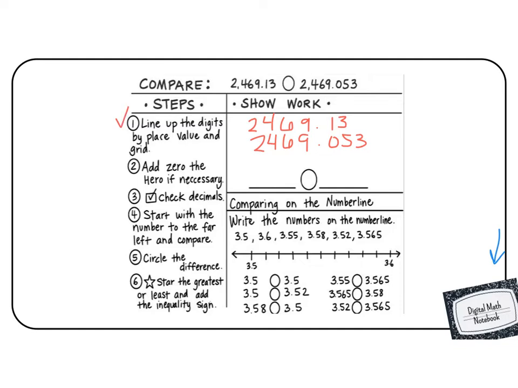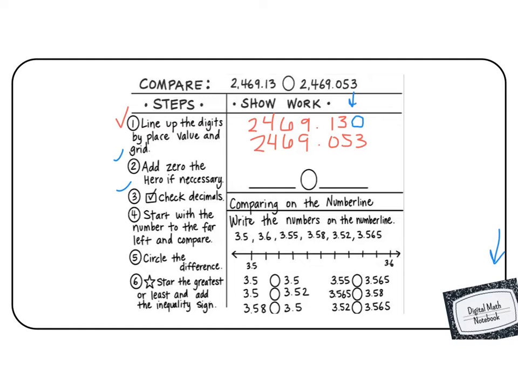Step 2 says that if we need to add a 0 to any of our place values that don't have a place, then we can. So notice that this number doesn't have a 0 here, so we can add it if that helps us compare. Step number 3 says we're going to check that our decimals are all lined up. Step number 4 says we're going to start with the number to the left and compare them.